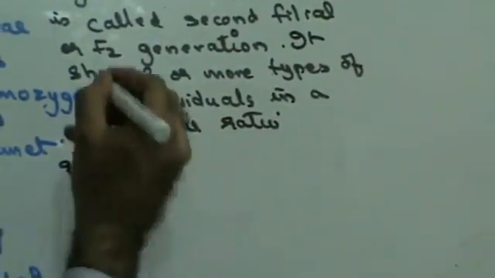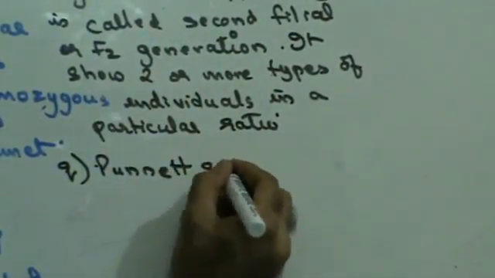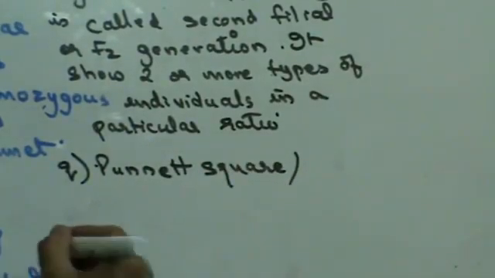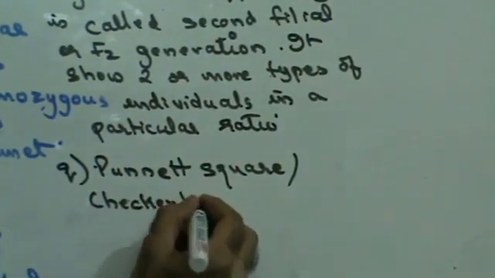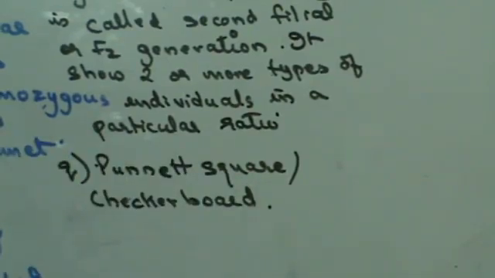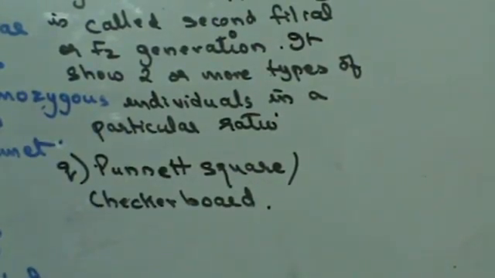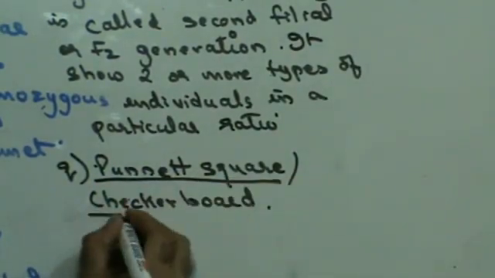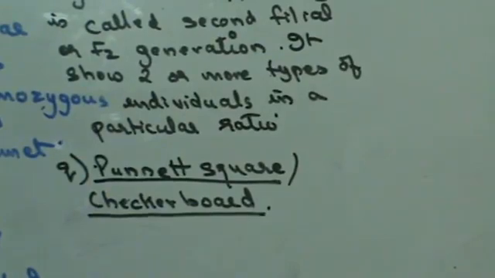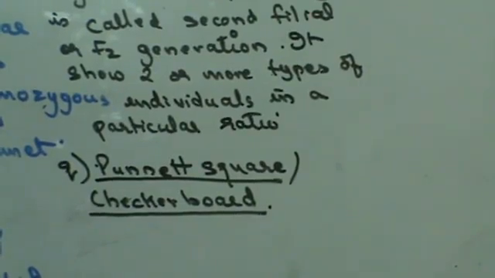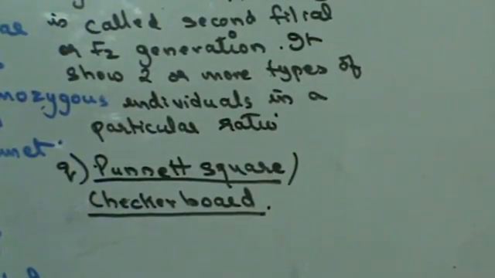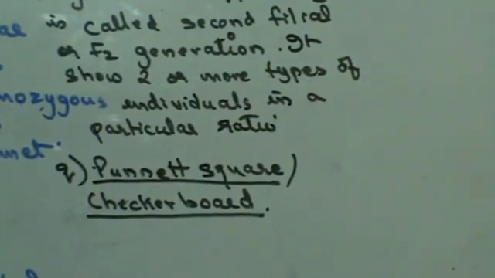Next, what do you mean by a Punnett square? Or it is also called a checkerboard. What is a Punnett square or a checkerboard? It is a diagram that shows possibilities of combination in a particular cross experiment. If I do a cross experiment, what are the possible alternatives for the various traits that I can get?